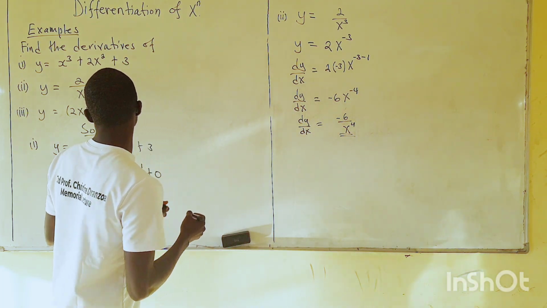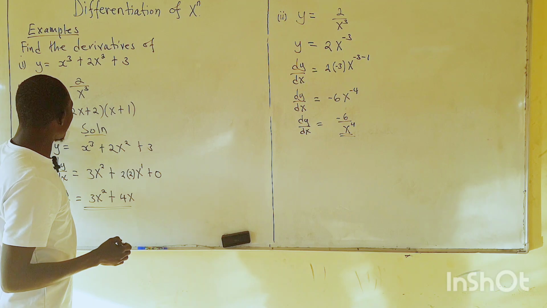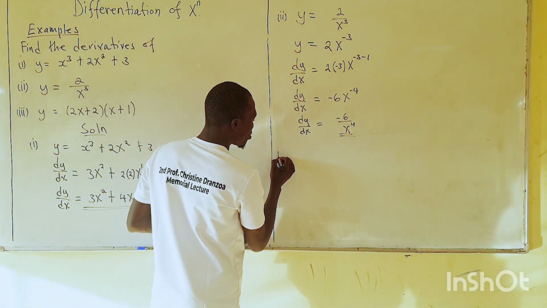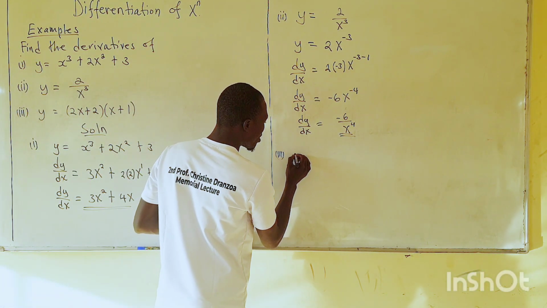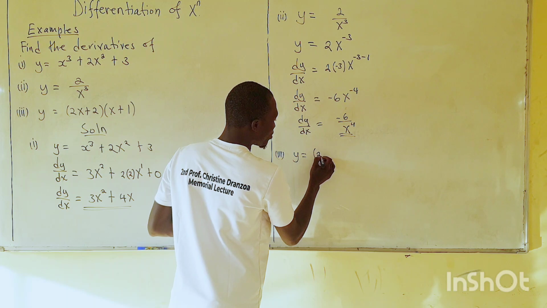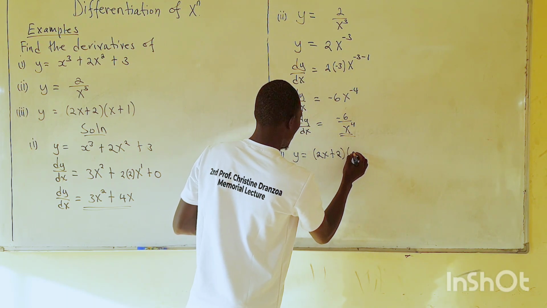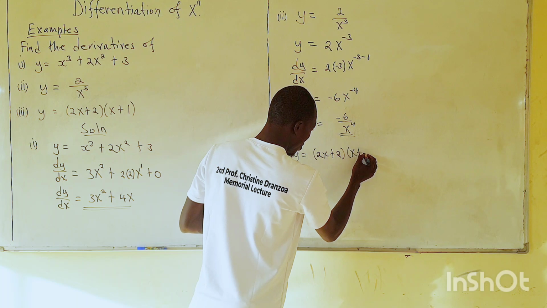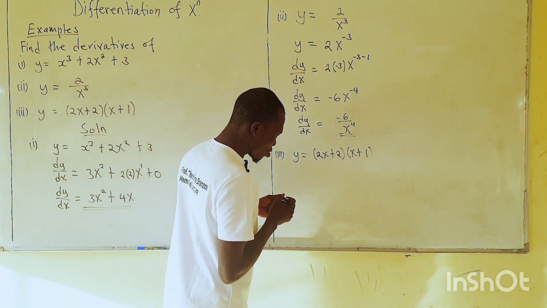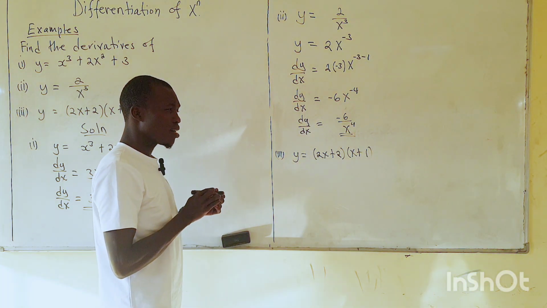Now the last example is y equals 2x plus 2 into x plus 1.